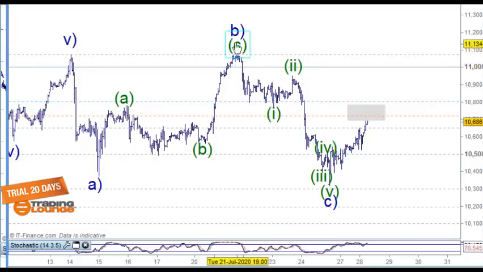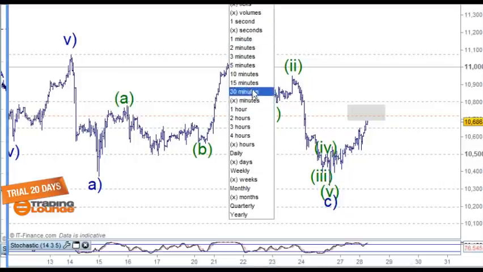But on the comp, this high here was the high, so high above this one here. That's why I'm looking at it as an expanded flat correction here. And then we're looking for 5 waves down into this space here, so they're completed at this point.